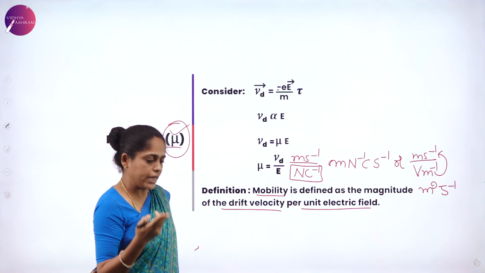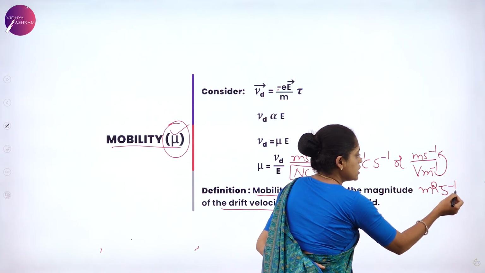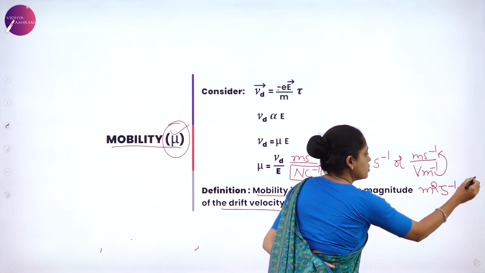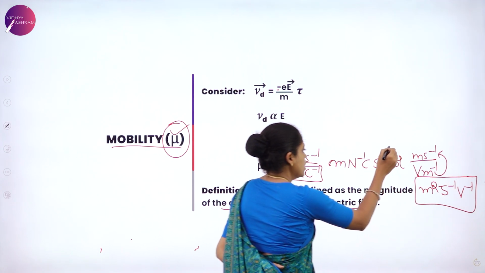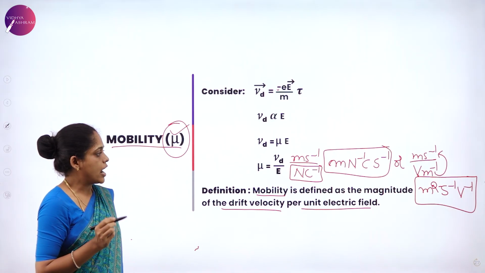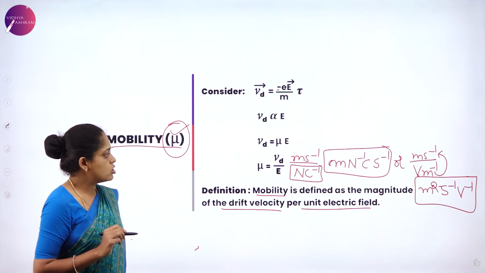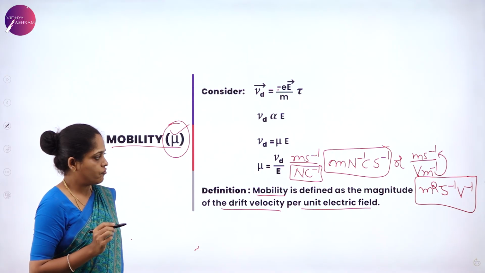So, meter into meter is meter square per second per volt. These are the two units for the mobility, and the mobility is defined as the ratio of drift velocity to the electric field.